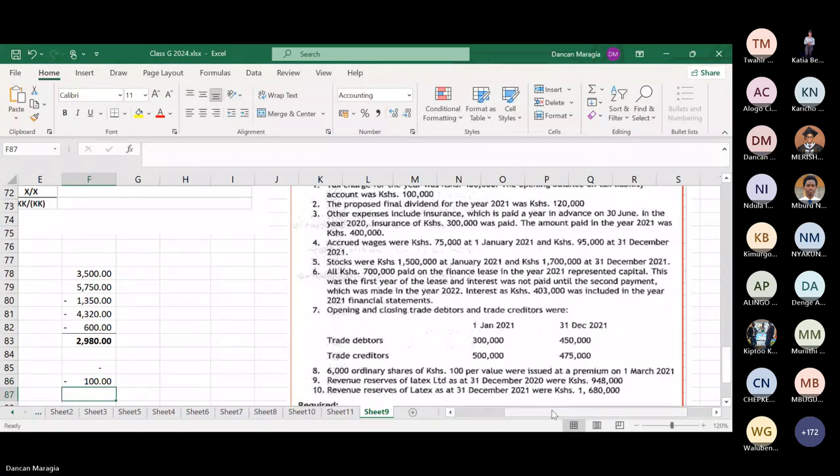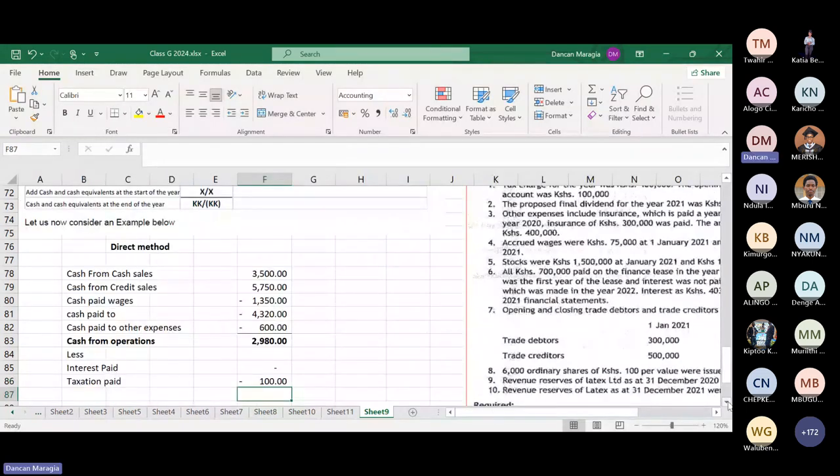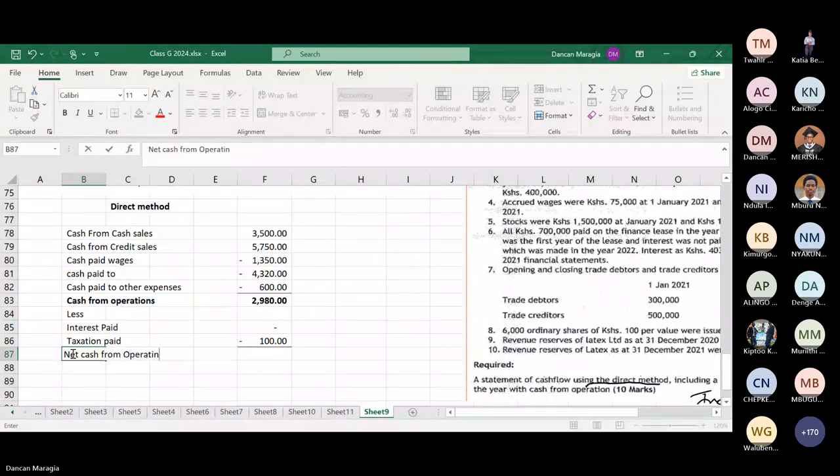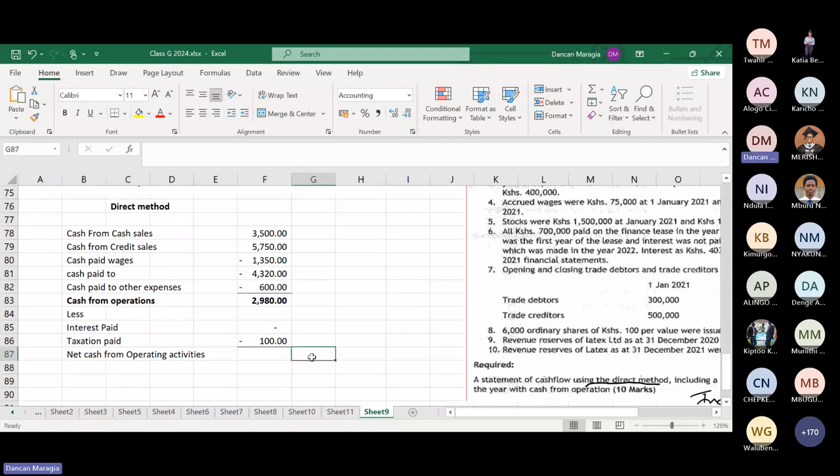Then we get what we call the net cash from operating activities.